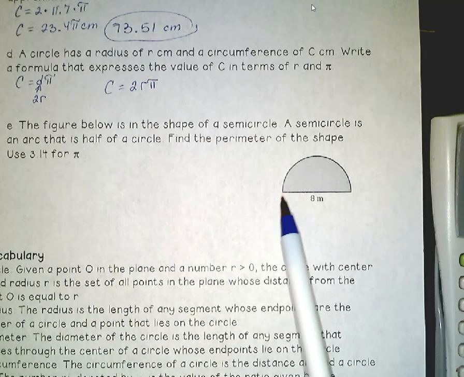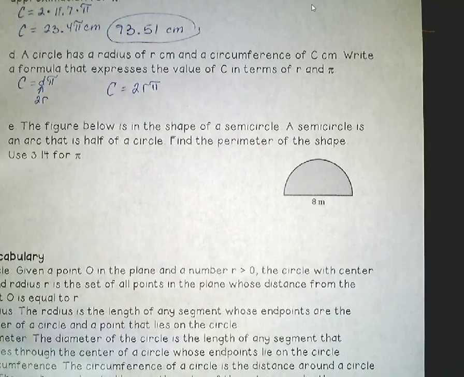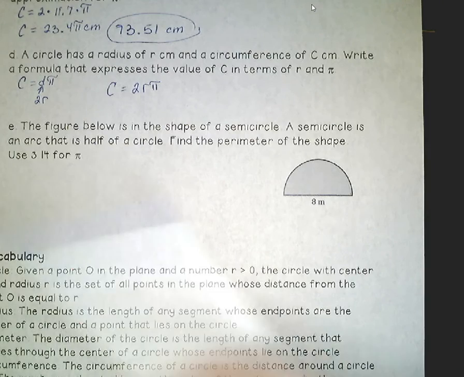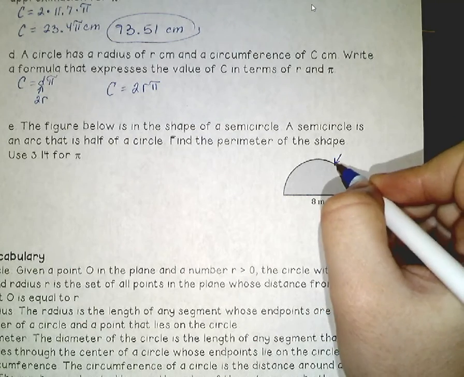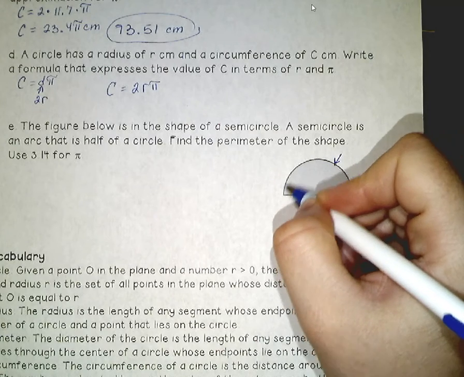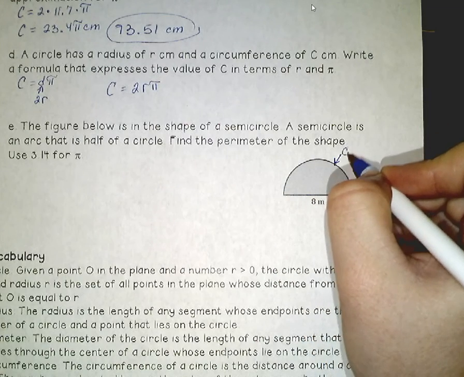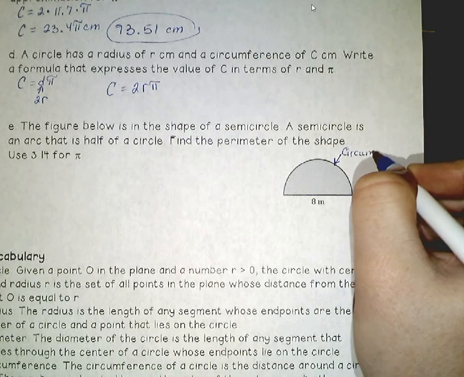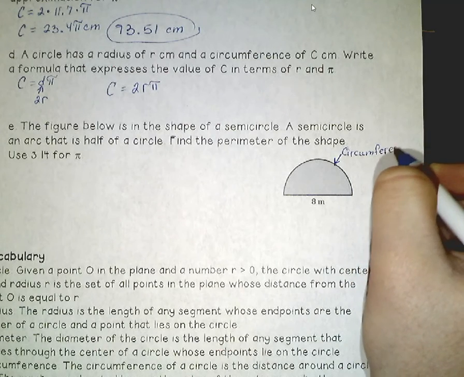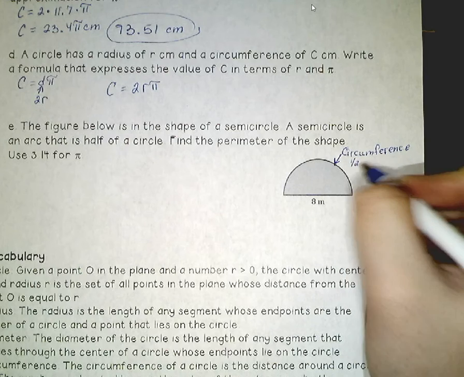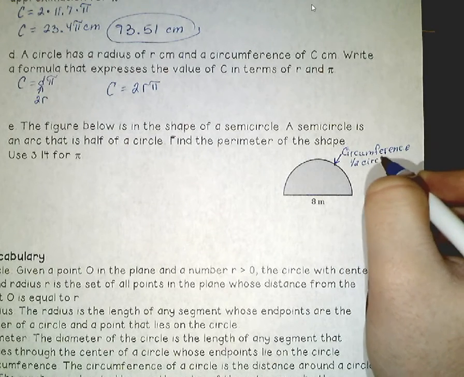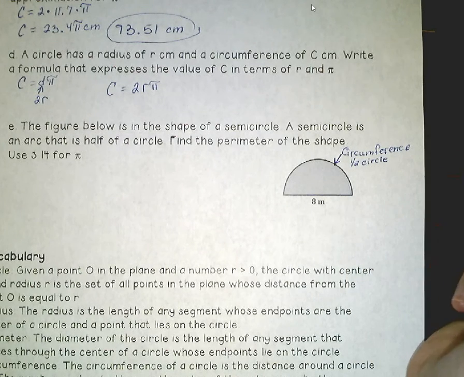So what I want to do is find the circumference of this arc right here, which is the circumference of half a circle.